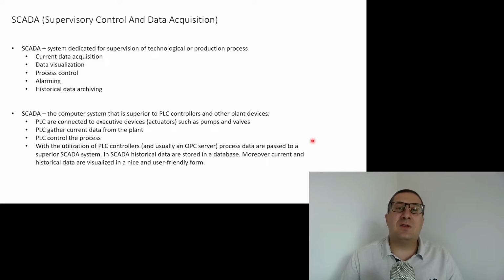It's dedicated to supervision of the technological process. It is responsible for current data acquisition. So we have a database, and the current data are stored in this database. Then they are visualized on the operator graphics, so the operator can see what the flow is, what the temperatures are, on top of some graphics that represent particular devices.